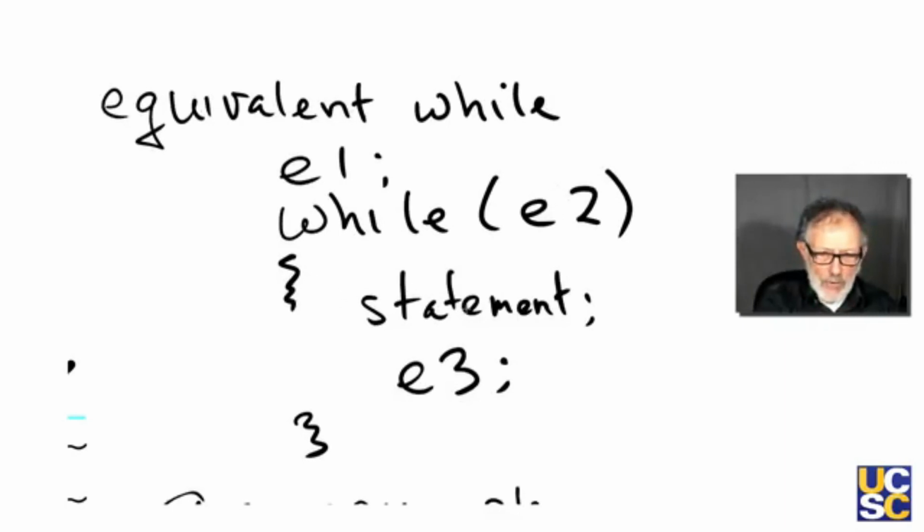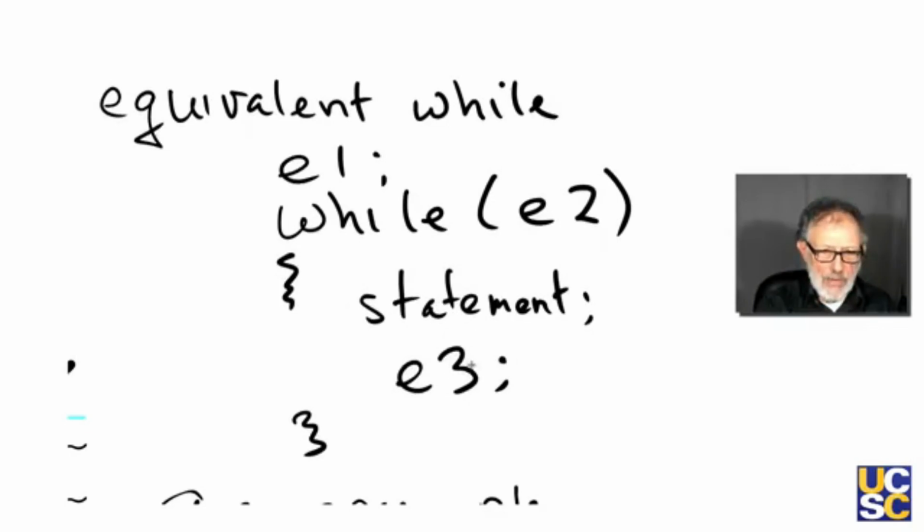Then you execute your statement, and then you do what's typically your increment or decrement, E3, inside a compound statement. So you can see why a for statement is simpler. It combines all these elements into that one statement. So something that would be multiple statements becomes syntactically easier to write using the for statement. But either statement can replace the other.